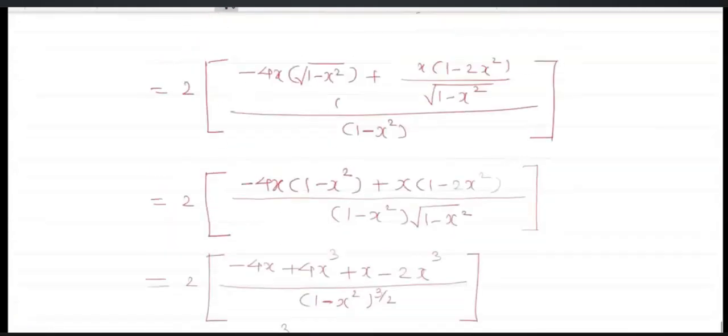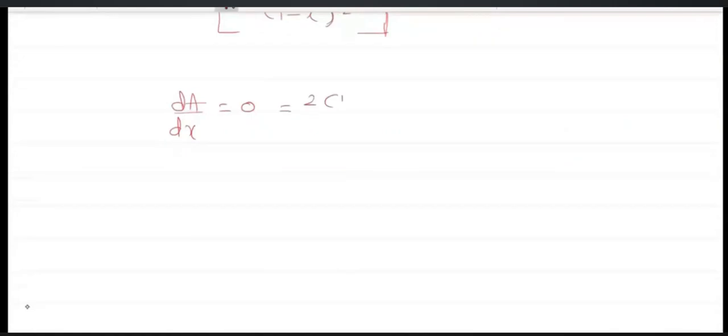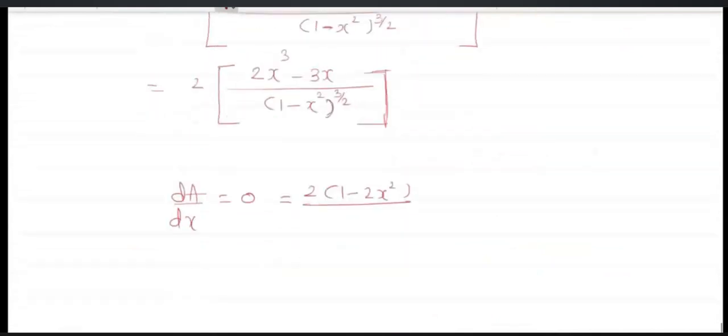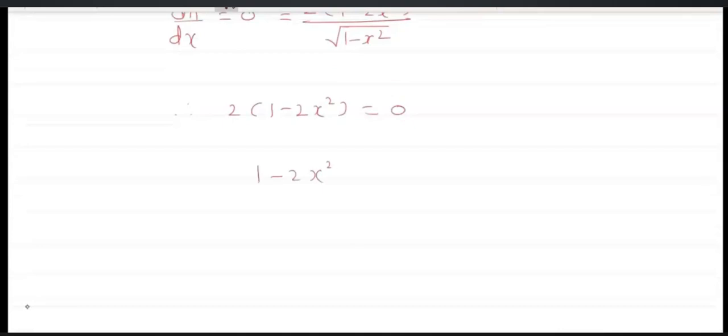Therefore, dA upon dx, now its first derivative, is equal to 0. That is 2 into (1 minus 2x square) equal to 0. 1 minus 2x square is equal to 0. x square is equal to 1 upon 2. x is equal to plus or minus 1 upon root 2.